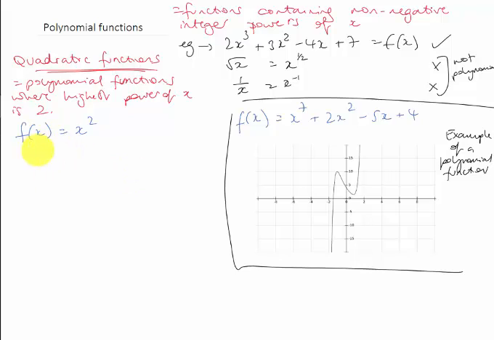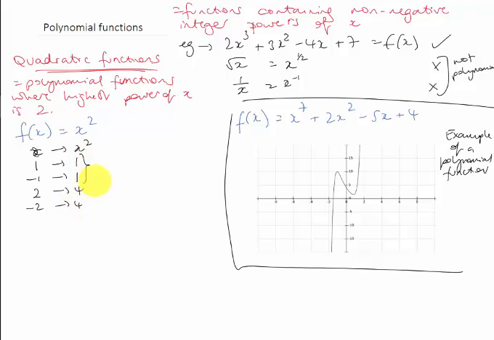Okay, so f(x) equals x squared, so that x goes to x squared. So let's just have some examples. So 1 would go to 1, 1 squared is 1, minus 1 would also go to 1. Similar story for 2, goes to 4, minus 2 also goes to 4.